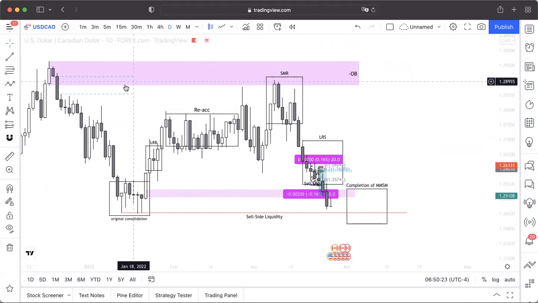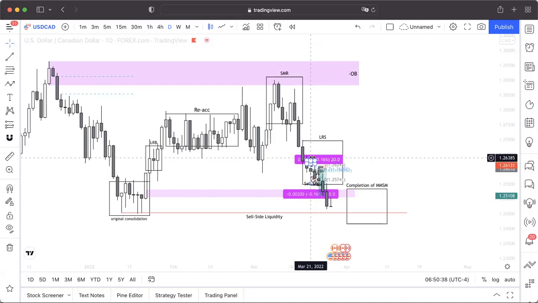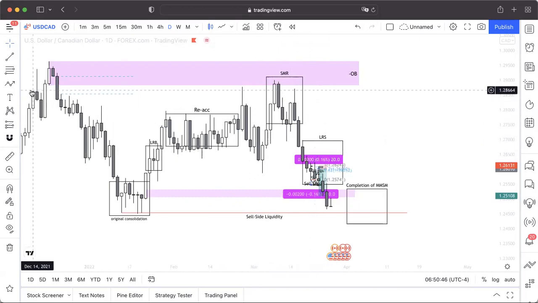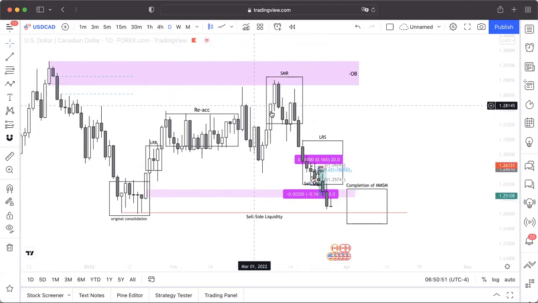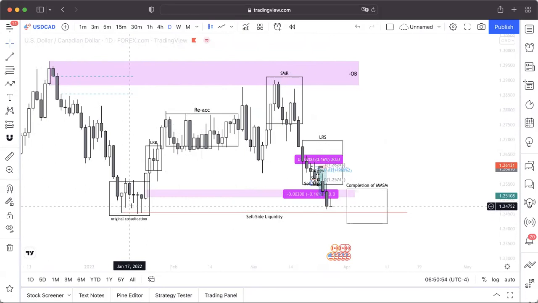And also if you check, we had this higher time frame market maker model. When you have the market maker model, let's say the price is in this stage. After this smart money reversal, you have an impulsive move, and then you want to expect on the lower time frame a possible low risk sell. What I mean by that: after you have the idea and the narrative and bias of the market completing this model, and after trading below the original consolidation, where we even have triple bottoms, right?